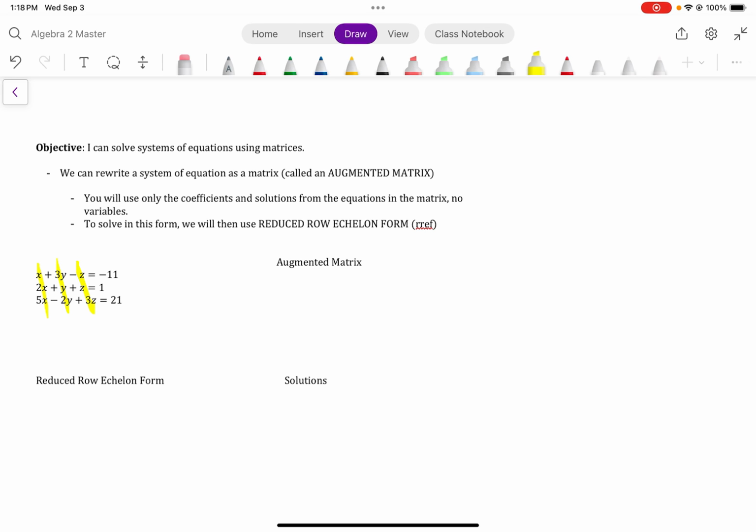So to make an augmented matrix, which sounds really fancy, I'm going to put a little dashed line here. The dashed line doesn't really mean anything, but it's where the equal sign is.